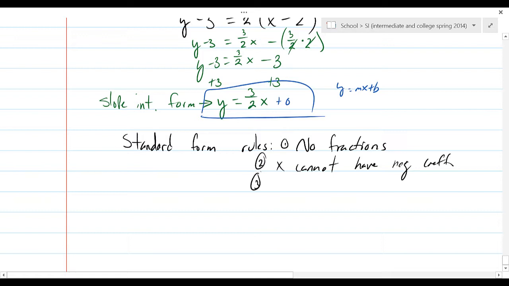And x, y, and the constant cannot all have a number that divides into them. No common factors between all 3.